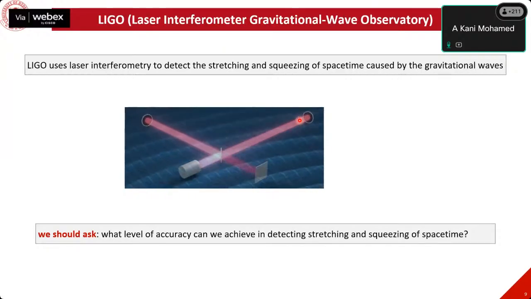Any change in the arm length is going to create a phase difference or path difference, and that path difference will affect the intensity of the interference pattern received by the detector. So this is what LIGO detects: the change in the intensity of the interference pattern due to the change in the arm length caused by the gravitational wave.